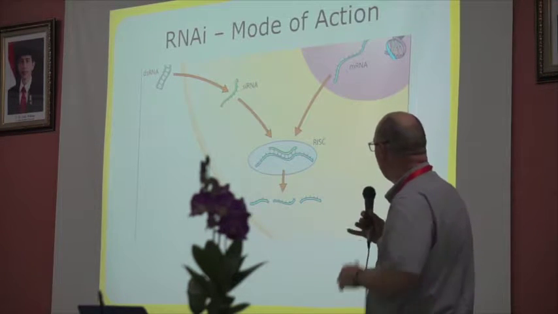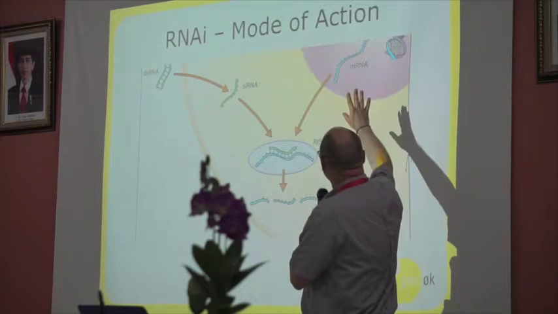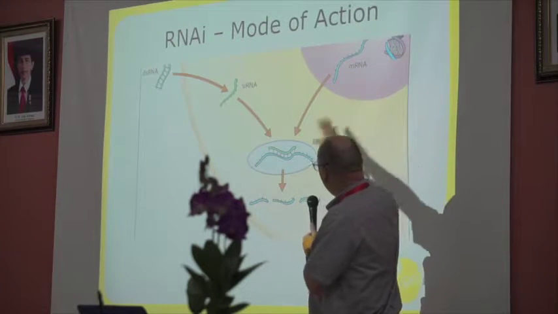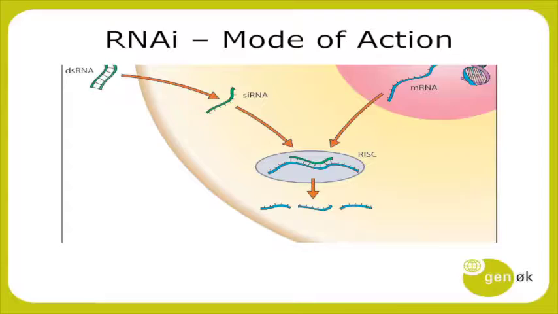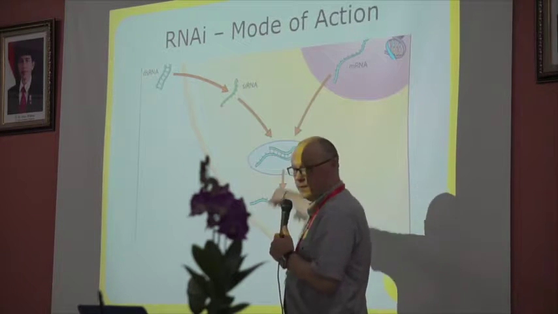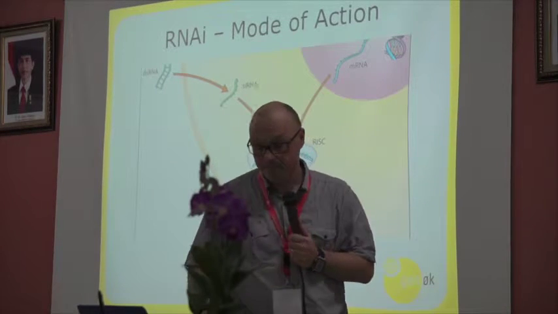Very short about RNAi as well. The RNA is basically what this is. The green stuff is RNA. Remember, the chain of information goes from DNA to RNA to protein. Here, an RNA is made and it binds inside the cell, and then the cell will cut that and silence that gene.